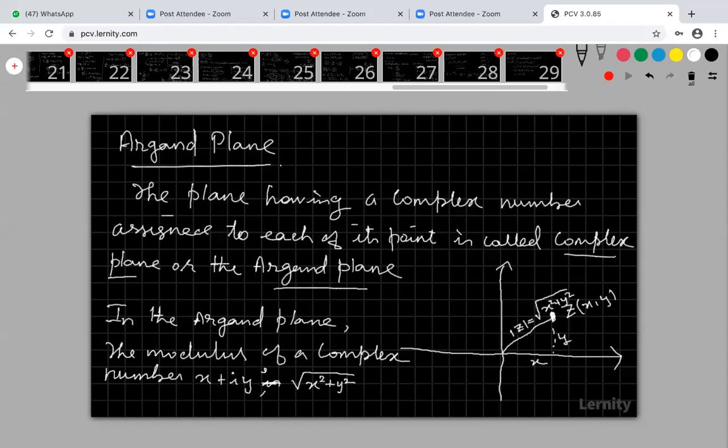What is this? This is my modulus. This modulus, root of x square plus y square, is the distance between the point P and the origin.